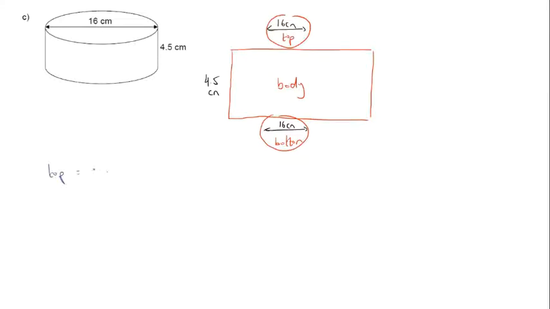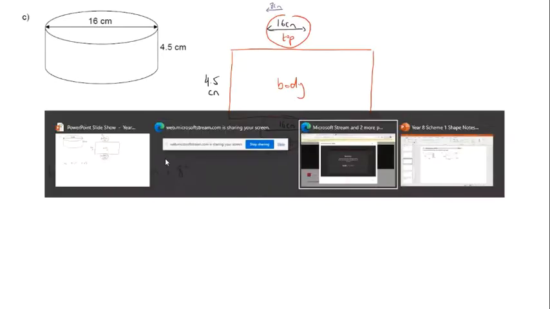Remember, a circle's area is pi times radius squared. And remember that the radius of a circle is not all the way across, it's half the way across. So half of 16 is 8. So I have to do pi times 8 squared. You could use 3.14 for pi, so you could do 3.14 times 8 squared, but I'm going to use a calculator.